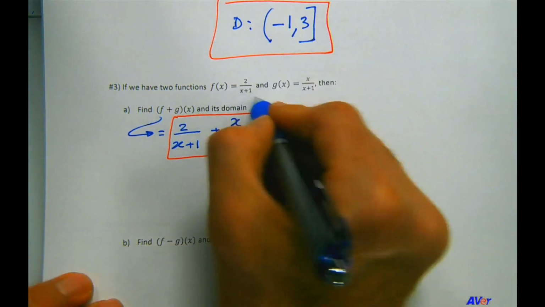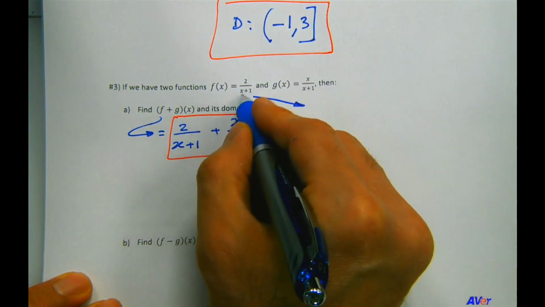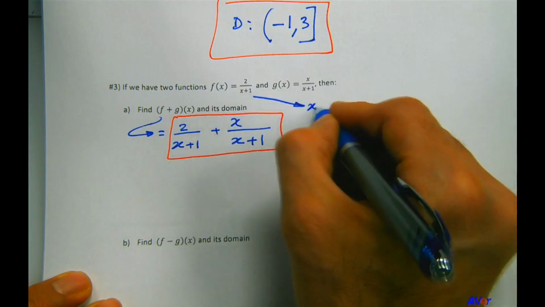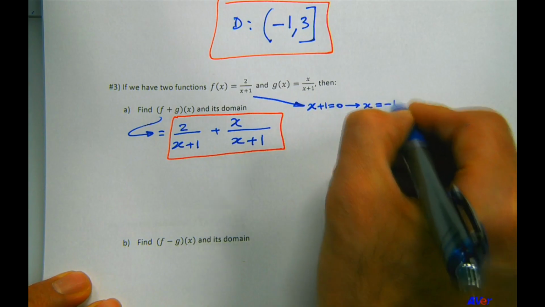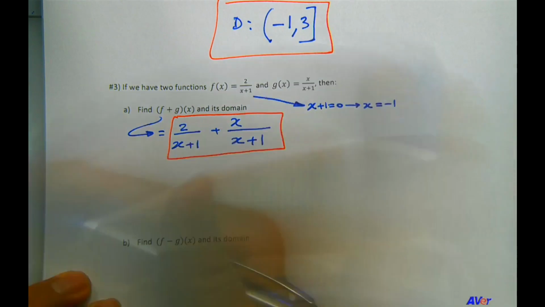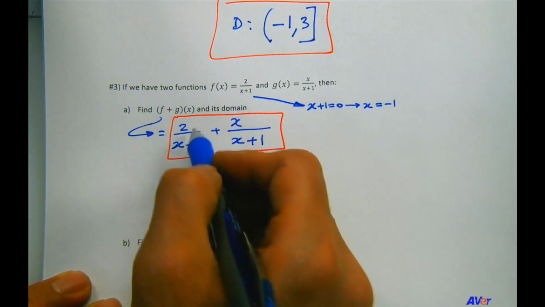By the way, the domain of this function, f, we know that the denominator cannot be 0. So x plus 1 equals 0, x equals negative 1 should be taken out of the domain, because x equals negative 1 would make the denominator 0.